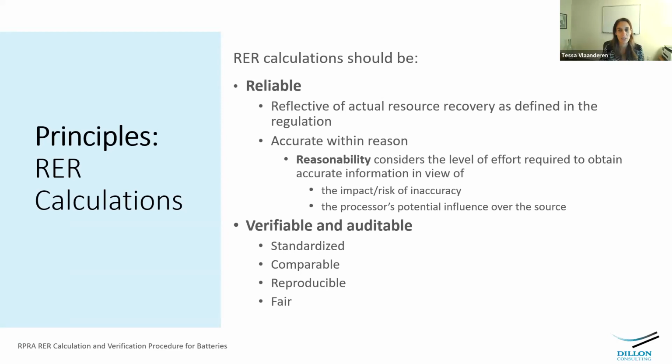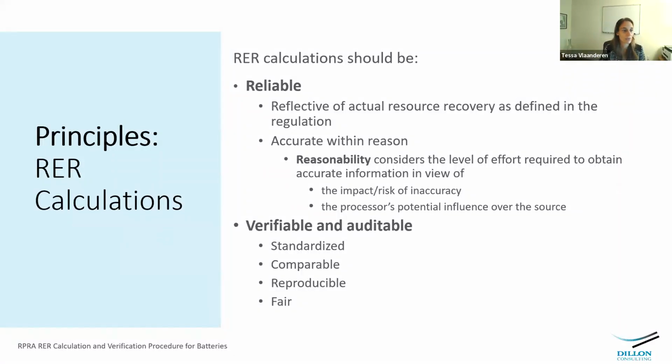So we used the principle of reliability for the calculation of the RER. And what we mean by that is that the calculations should be reflective of the actual resource recovery as defined in the regulation. And secondly, it should be accurate within reason. Now, this second part is an important notion that we've received a lot of perspectives on.